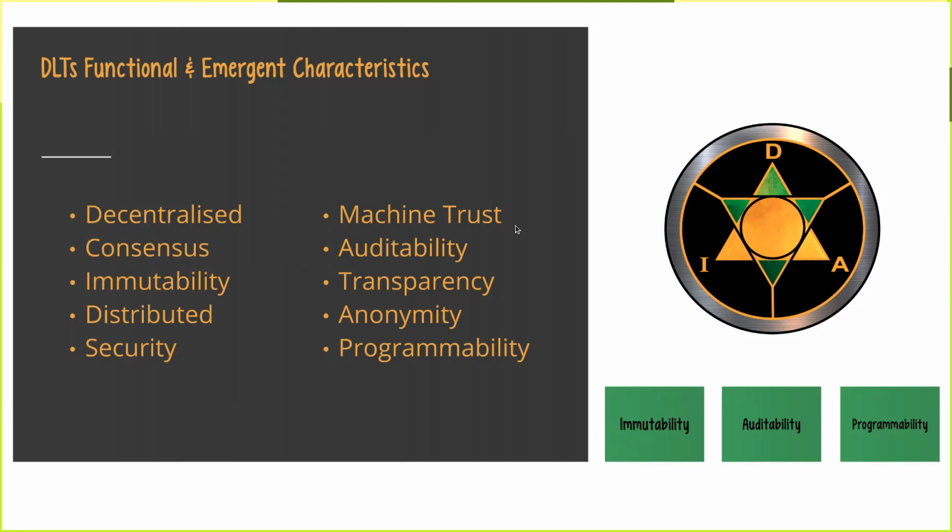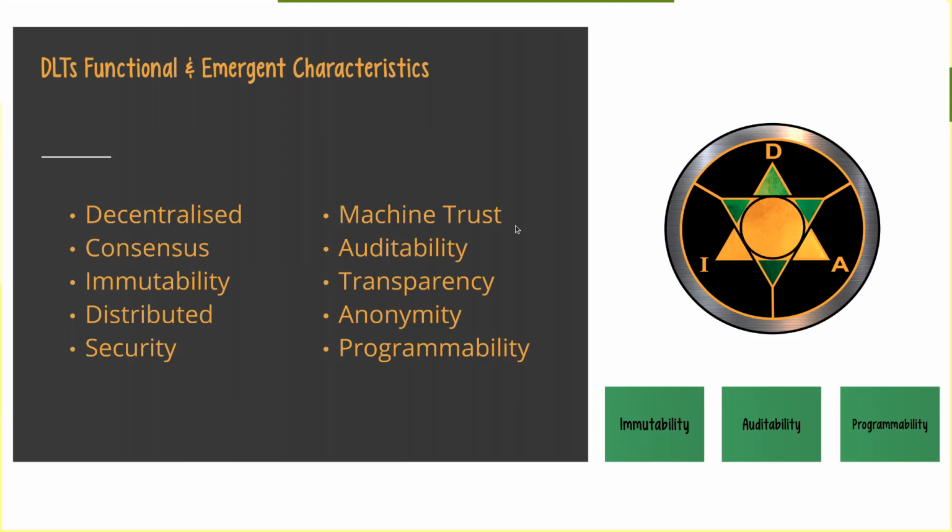Same for transparency. Anonymity is questionable because some blockchains are really public. Some are permissionless and some are permissioned. Permissioned just means private blockchain, and permissionless just means zero privacy blockchain.